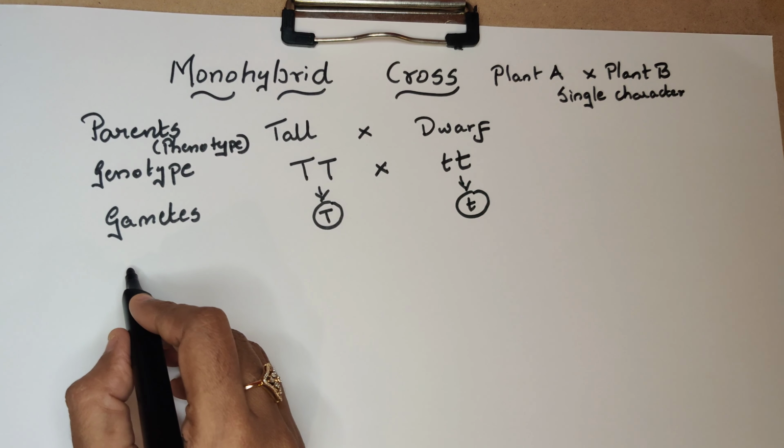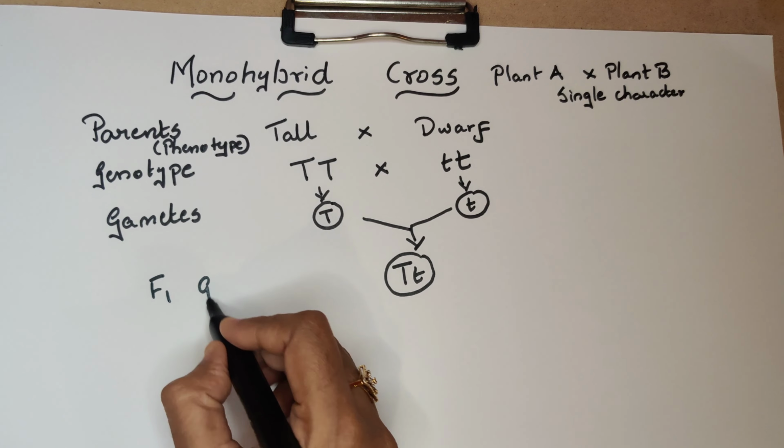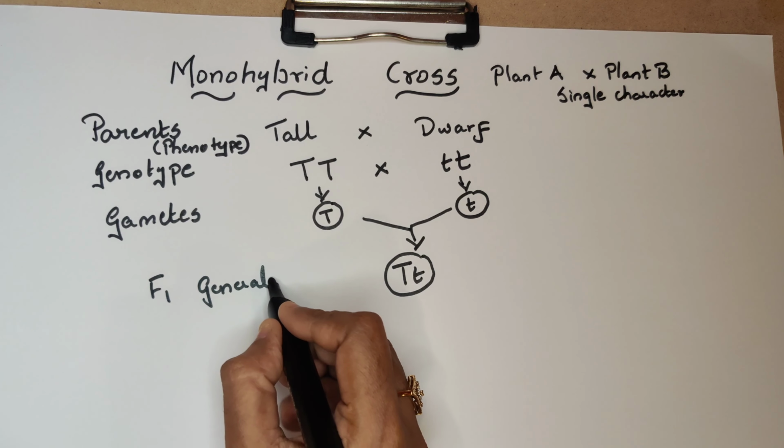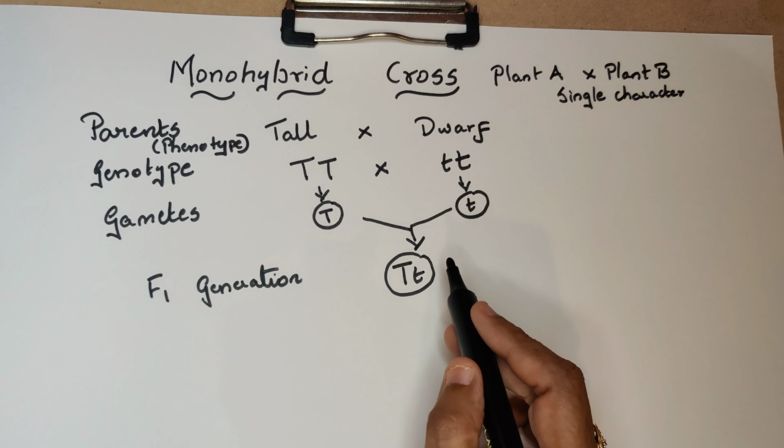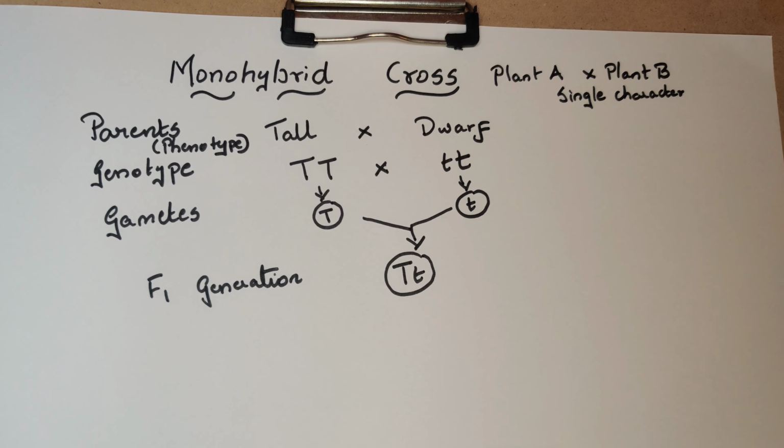And what we are going to do is cross them. When you cross, you get capital T and small t. This is called the F1 generation. I already told you what the F1 generation is: the offspring that arise from the first generation when we cross the parents. Now we are going to do the process of selfing.